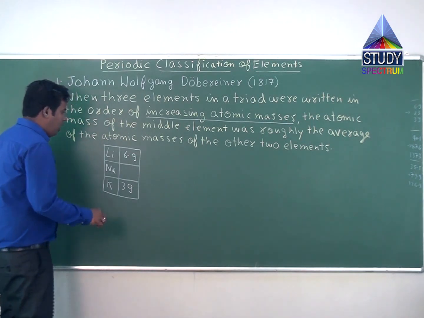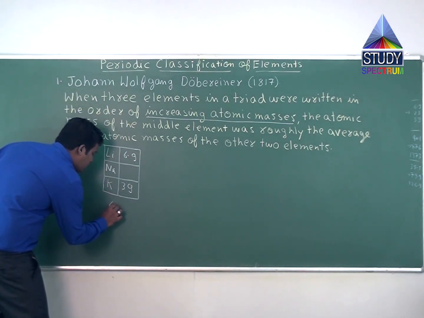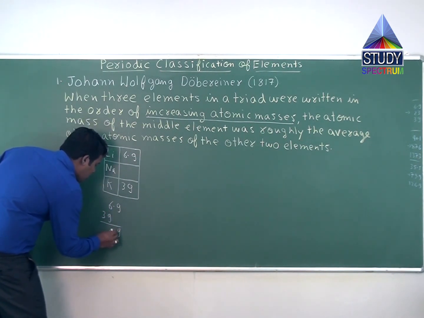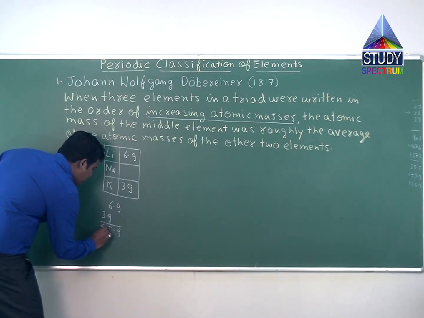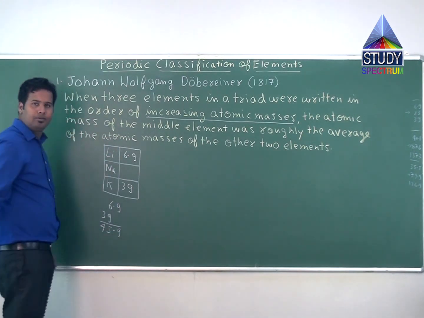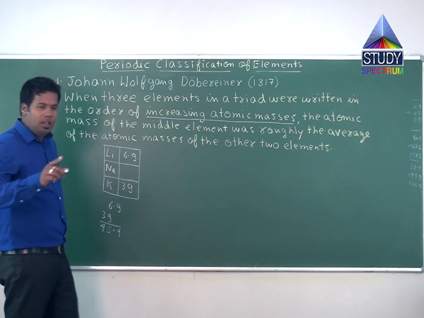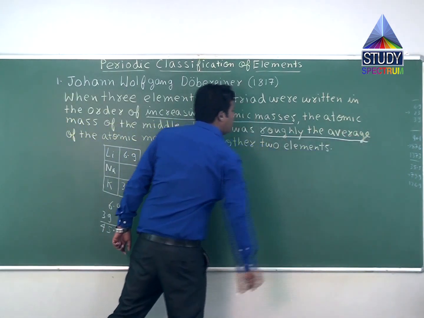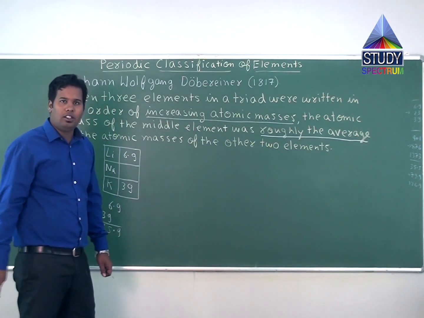Now, if you add 6.9 and 39, it turns out to be 45.9. Correct? Now, please note the point, he said roughly the average of the atomic masses of the other two elements.